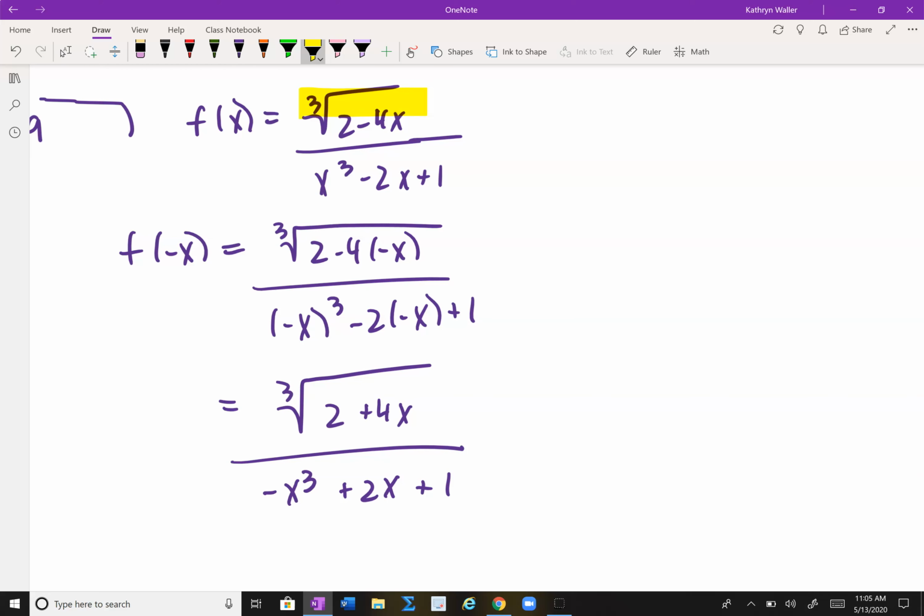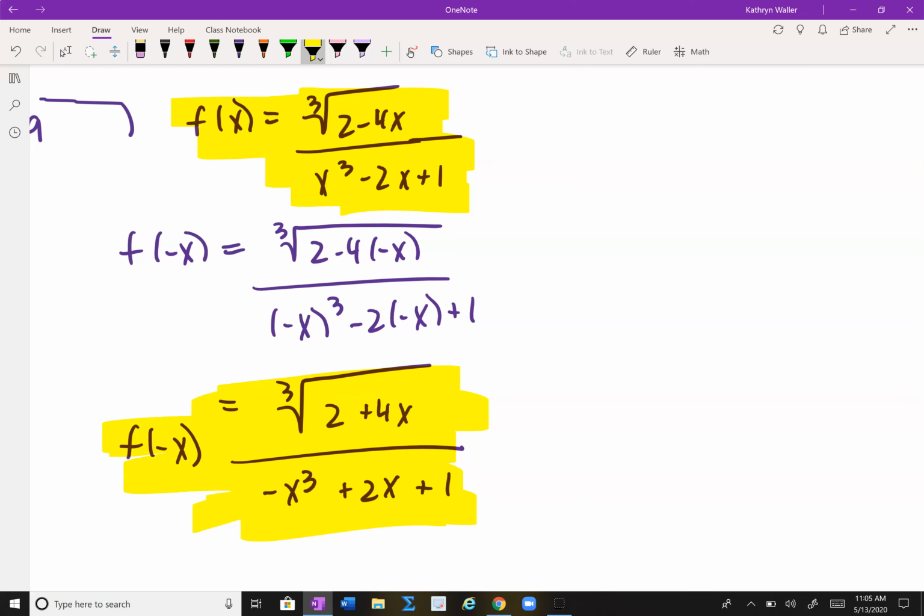What I'm comparing at this moment is the original to what I just found. And those are not the same, and so I have to keep going. I have to keep finding things. So the next thing I need to find is negative f of x. People make this way, way, way too hard. So this right here, guys, it's a fraction, just like half is a fraction.